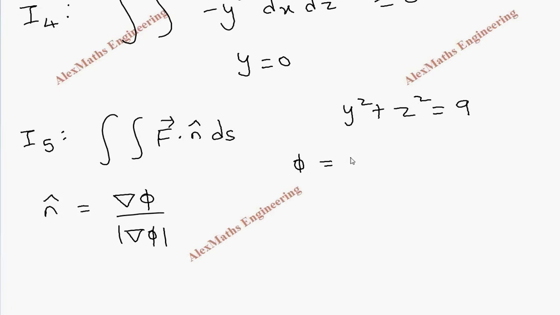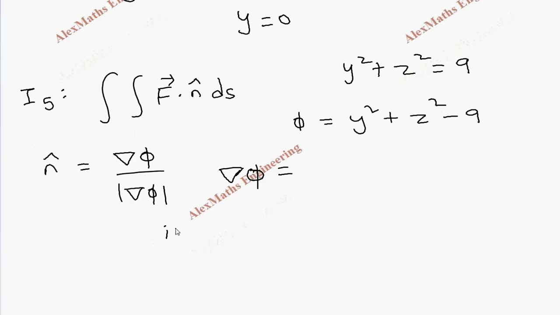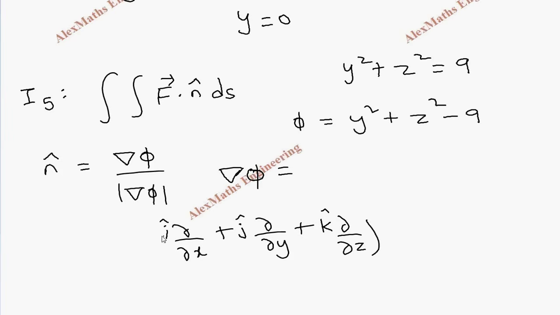So phi from this is y square plus z square minus 9. So del phi becomes, we can calculate here, i cap into dou by dou x plus j cap into dou by dou y plus k cap into dou by dou z, the whole thing into y square plus z square minus 9.